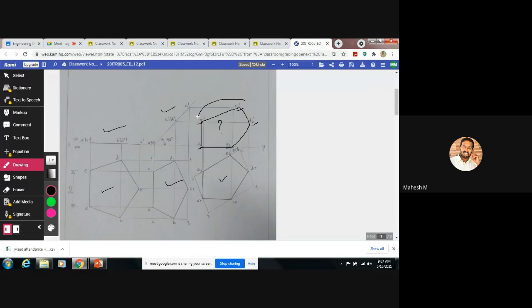If you connect these 5 points, you will get the required shape of the inclined front view. You do everything correctly and then forget at the end. So for this you will get only 15 to 16 marks.